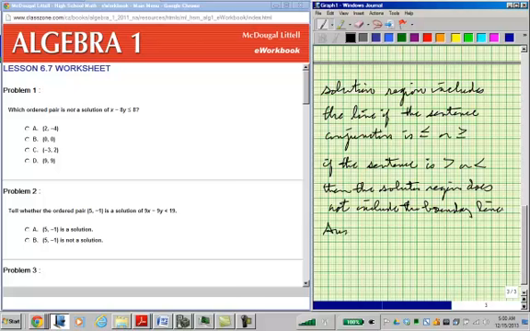And the boundary line is broken. And here, let me put in parenthetically, if the solution region does include the line, the boundary line is solid.